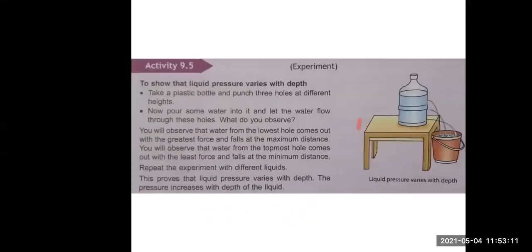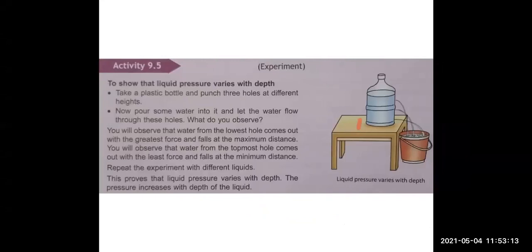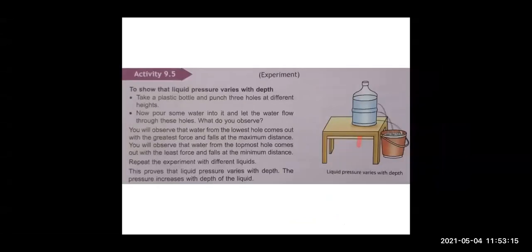One more property we will discuss, that is the liquid pressure varies with the depth. Now you have taken a bottle and you have made a hole at 2 centimeters, 4 centimeters and 6 centimeters, right? Then you will fill it with water, and then you will allow the water to come out. What will you see?